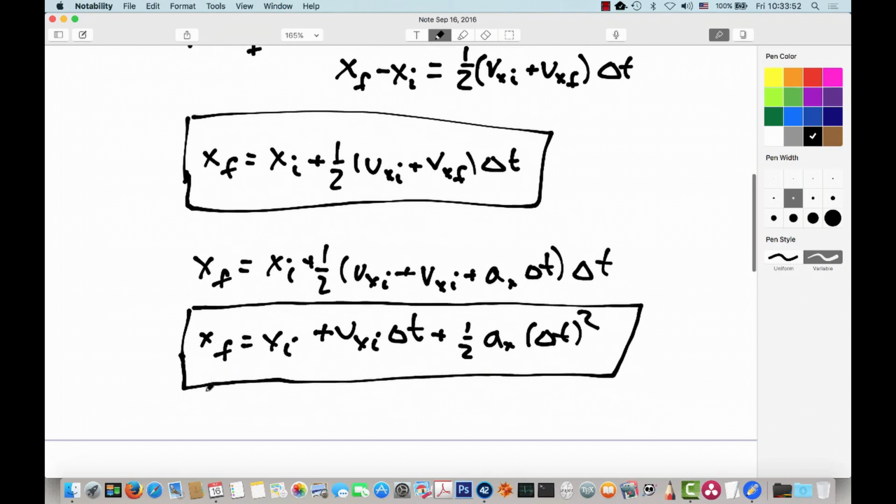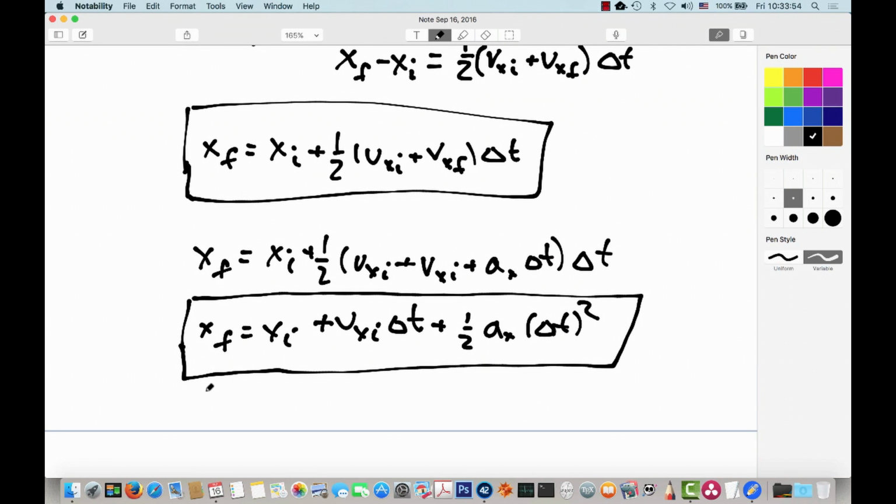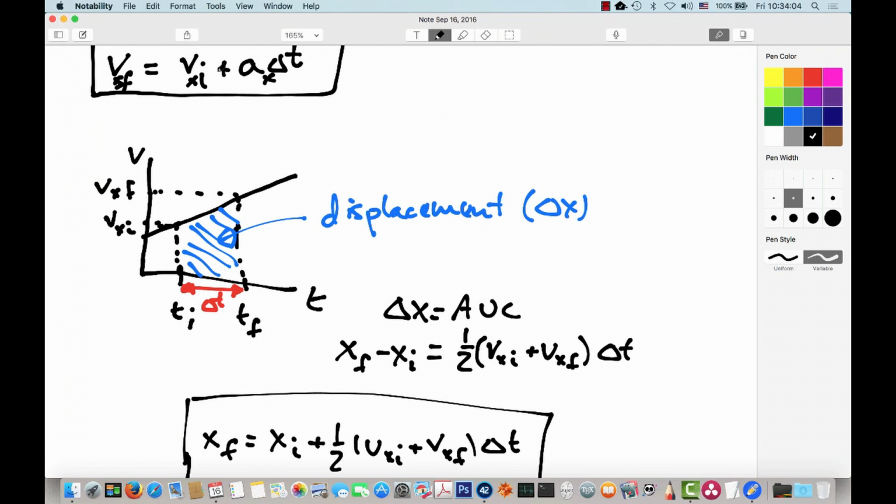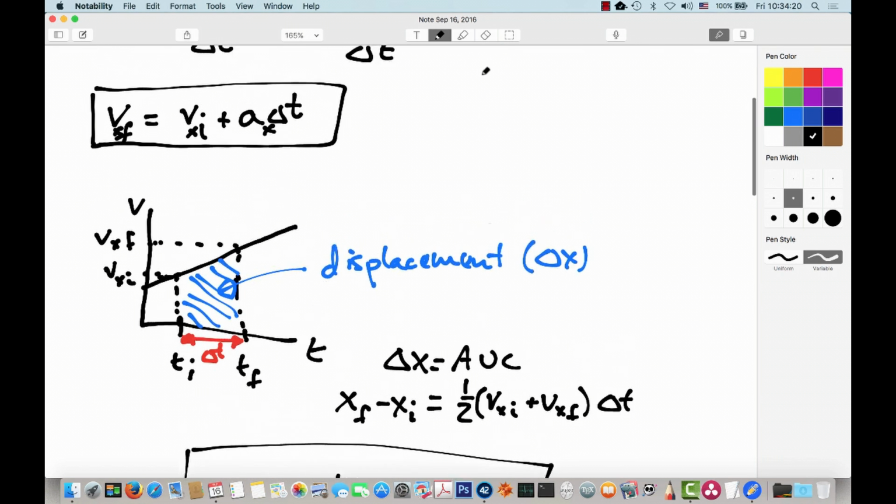All right, now to get the remaining member of our gang of 4, instead of eliminating Vx between our first two relations like we did before, what we'll do instead is we'll take this guy, solve him for delta t, stick that solution into here, and then come up with a new expression. So let me go ahead and make it a little easier.